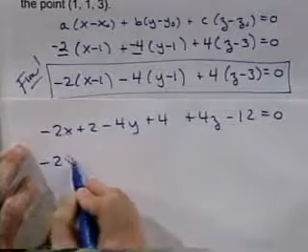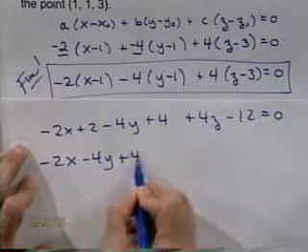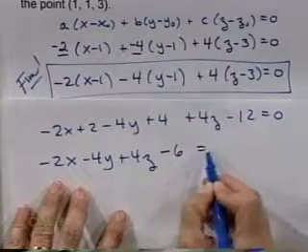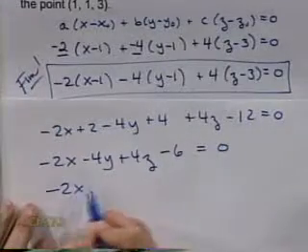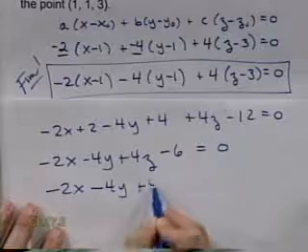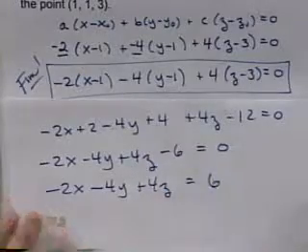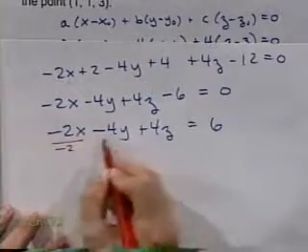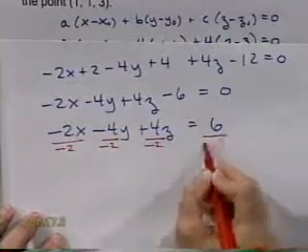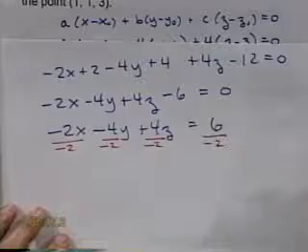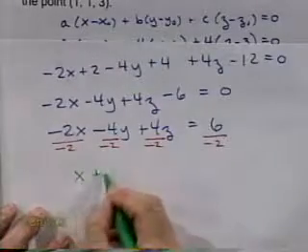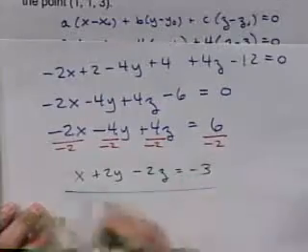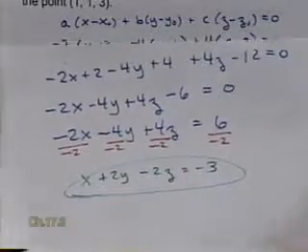So I have minus 2x minus 4y plus 4z. Let's see, 2 and 4 is 6. Minus 12 is a negative 6 equals 0. So I have minus 2x minus 4y plus 4z equals 6. And if I decide I don't want the leading coefficient to be negative, let's divide through by a negative 2. And we could end up with x plus 2y minus 2z equals negative 3. And that's prettier than what I had before.